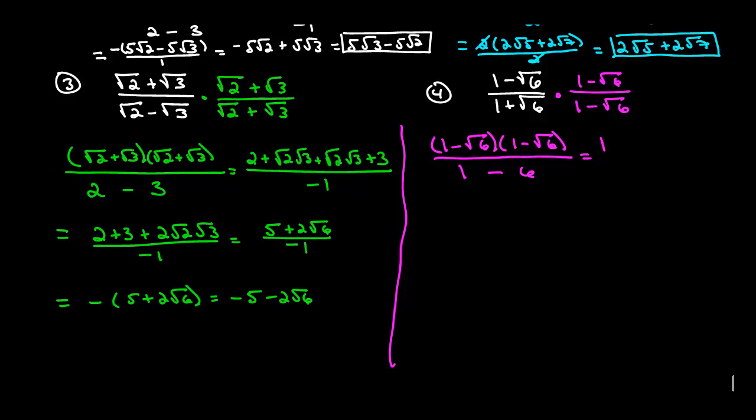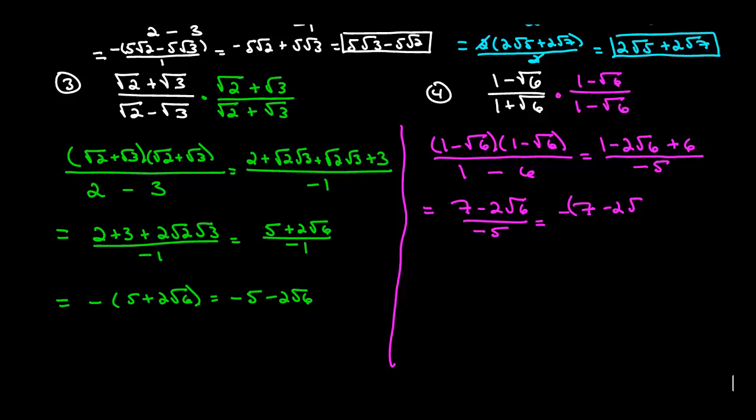And so the numerator, when we get all that worked out, it'll be 1 minus 2 square roots of 6 plus 6 over negative 5. So our numerator becomes 7 minus 2 square roots of 6 over negative 5. We'll take that negative and put it back into the top now.